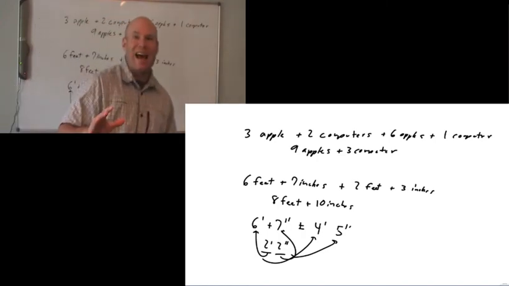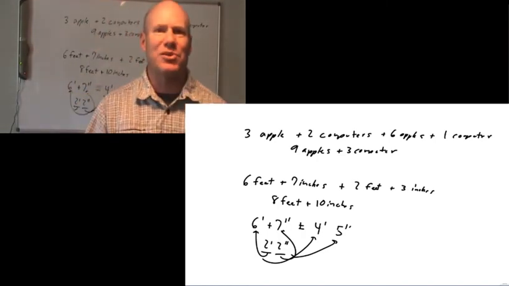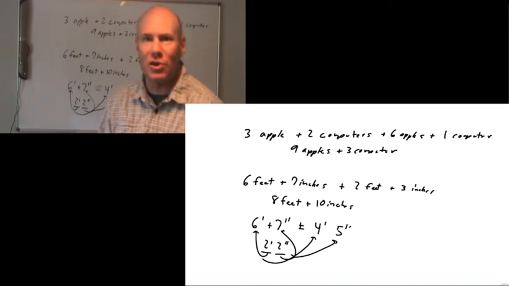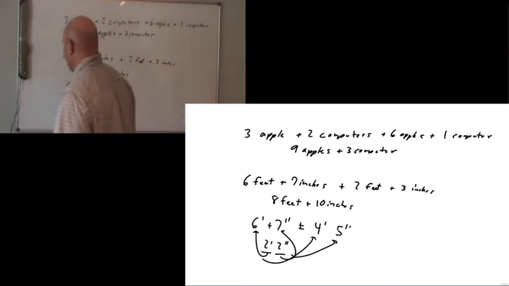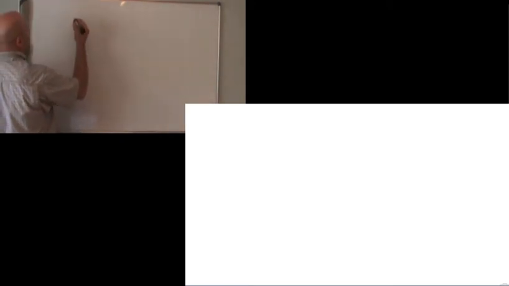Just because we turn it into algebra and begin to add in variables and that sort of thing doesn't really change anything in what's going on. It's the same concept of what needs to happen. Okay, so you work the same way you do with inches and feet, or apples and computers in my silly example. Nothing changes if we add in things that have to do with variables.